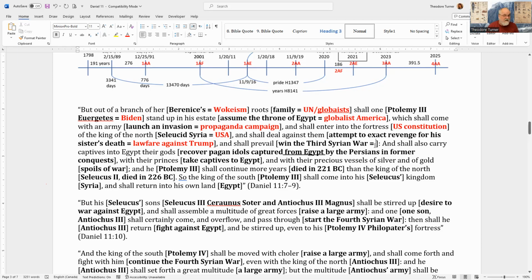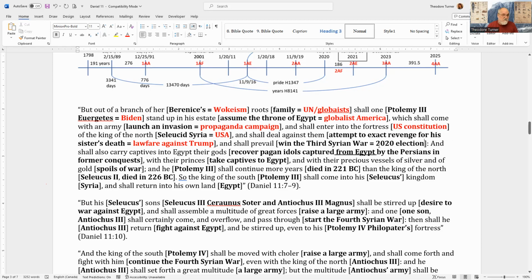So we could just say this is the election, right? So I'm just going to put not this election coming up, but the election that has passed. So that's going to be the 2020 election. Okay.